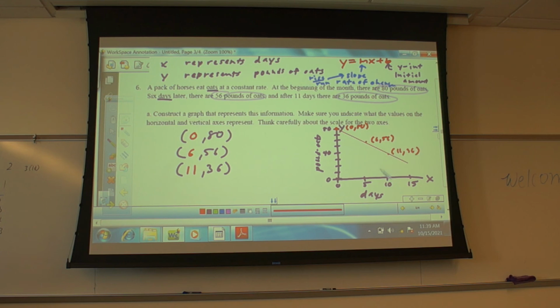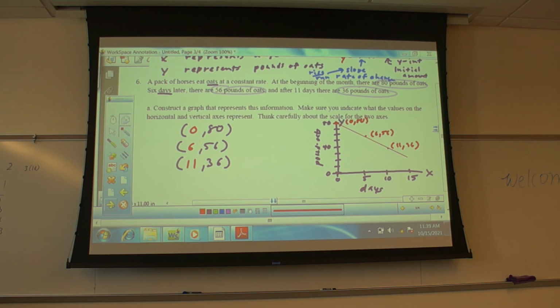You can either figure out what's my rise and my run as I go along here. So if I were doing that one, I would say, okay, I went down. My rise is negative. I went down from 80 to 56. So I went down 24, negative 24. And then my run is 0 to 6, 6.